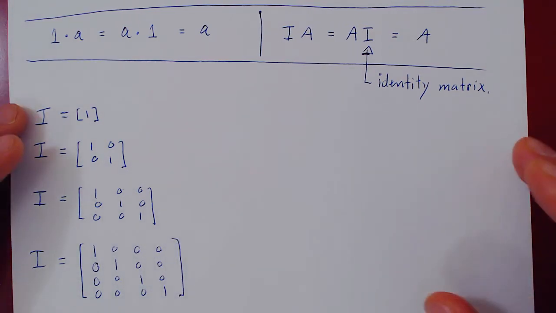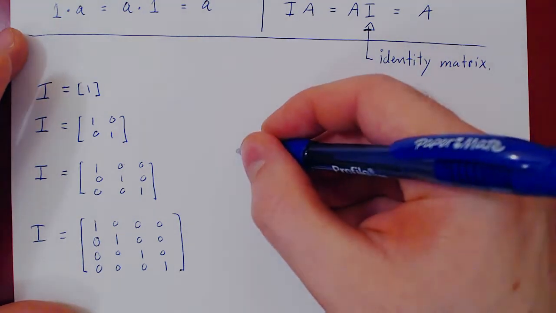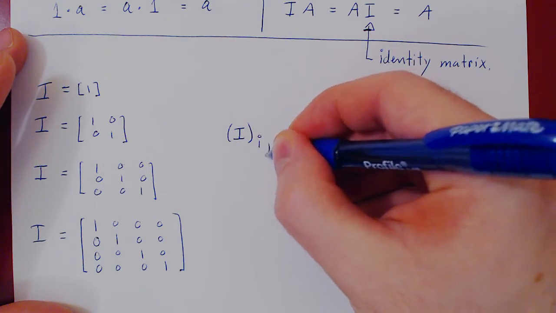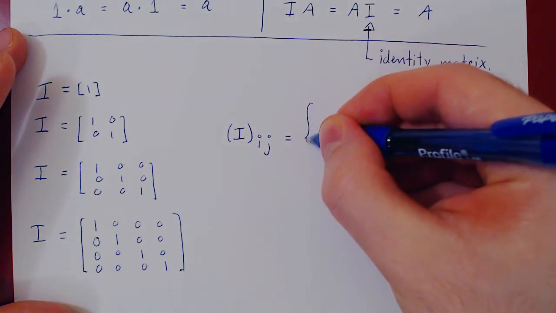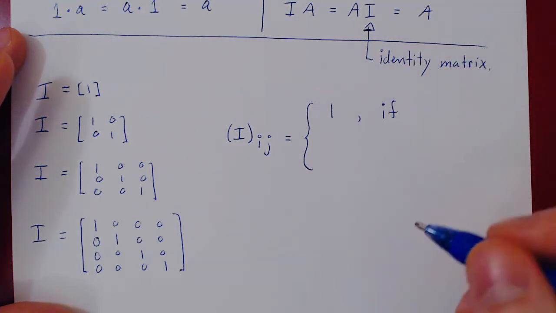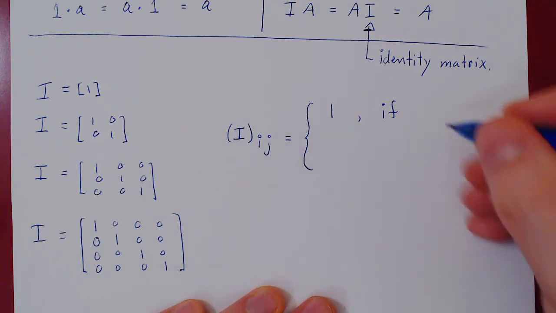So in general, we can define I, if it's an n by n, quite simply, right? So we will write simply the entries of the matrix I in the ith row, jth column, what are they? Well, they are equal to 1 if we are on the main diagonal. You say, well, how do we say this? Well, if you think of it, this is the entry 1, 1, 2, 2, 3, 3, 4, 4. So you are on the main diagonal if the row index equals the column index, so if i equals j.